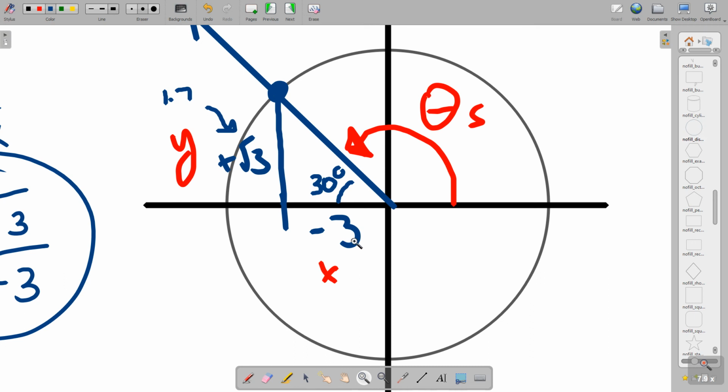The base of the triangle is 3, although I didn't draw it right. This is bigger than this. That must be the 30-degree referent. That means the standard position angle is 180 minus the referent, which is going to be 150 degrees.